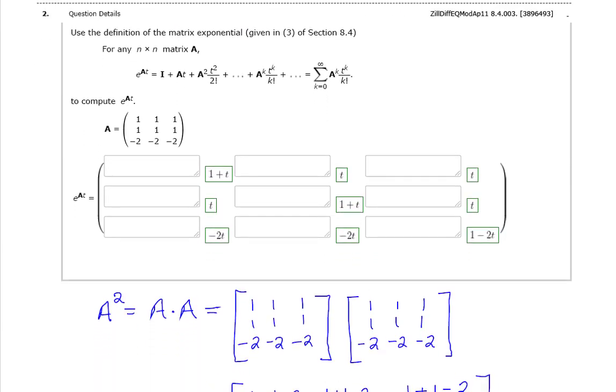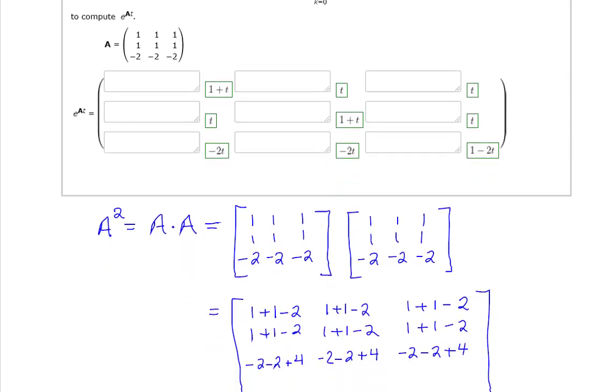Alright, in question 2, we want to use the formula to compute e to the At given here's A, this 3 by 3 matrix. At first, this seems like that could be quite terrible to do, but let's see. A squared is A times A. So here's A multiplied by itself.